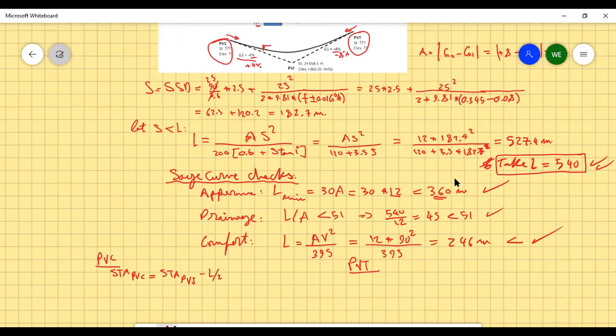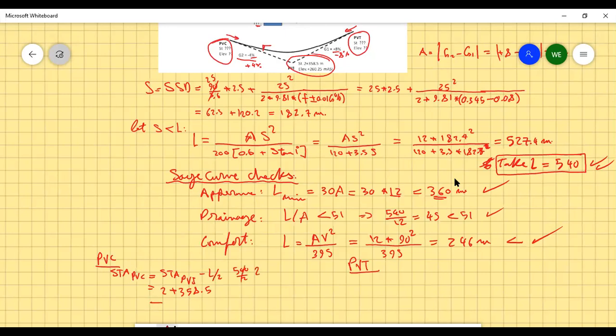So this station would be, that's the station of the BVI, 2 plus 358.5 minus L over 2, which is 540 divided by 2.